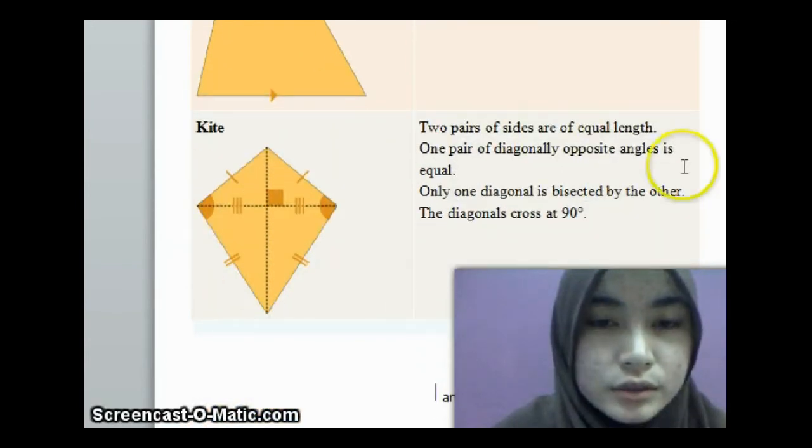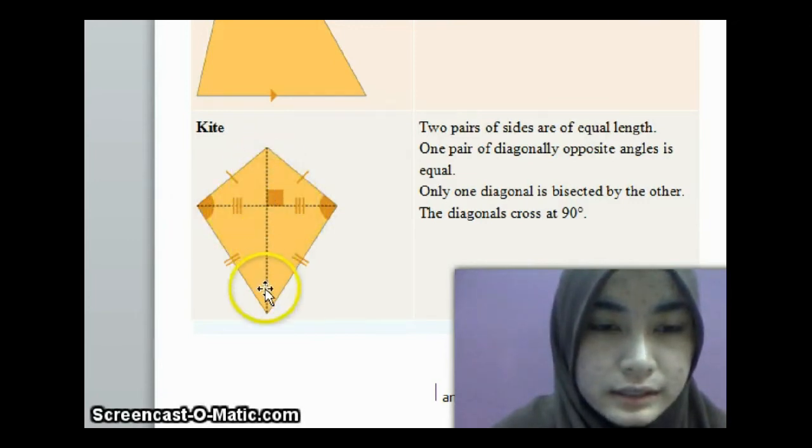Kite. Two pairs of sides are of equal length. One pair of diagonally opposite angles is equal. Only one diagonal is bisected by the other. The diagonals cross at 90 degrees.